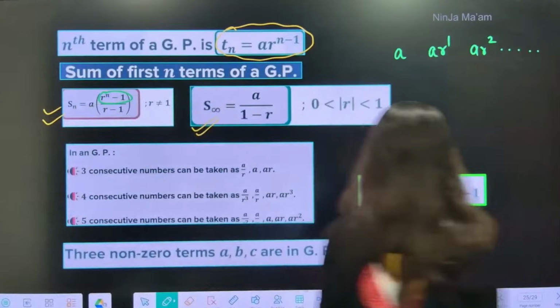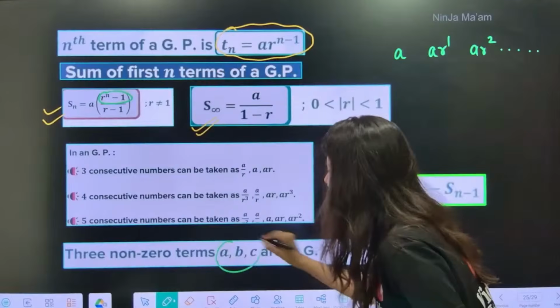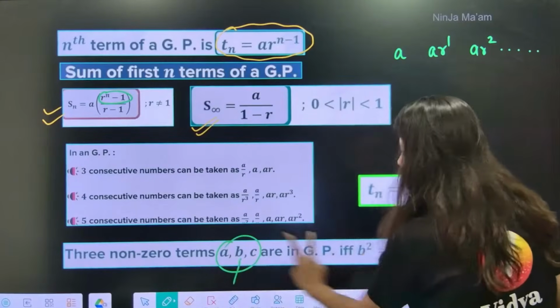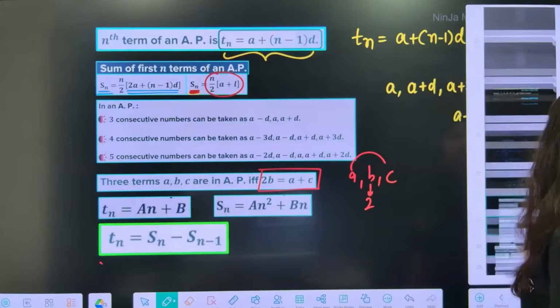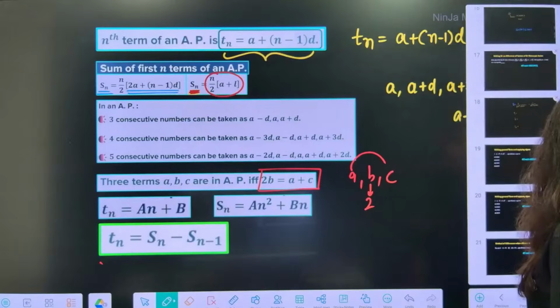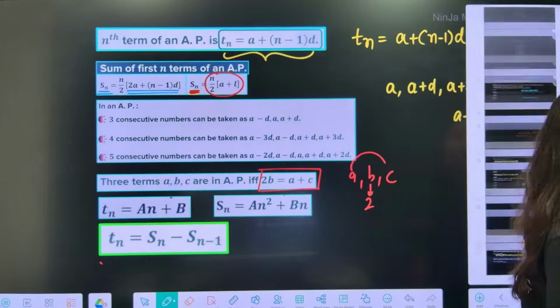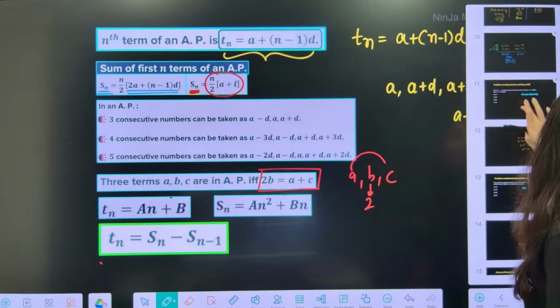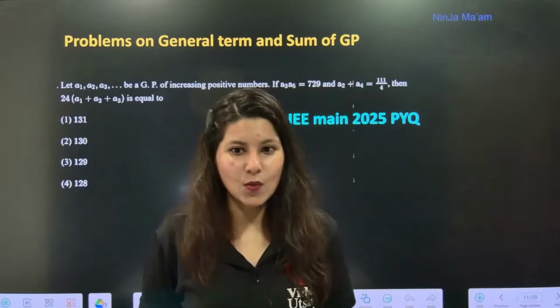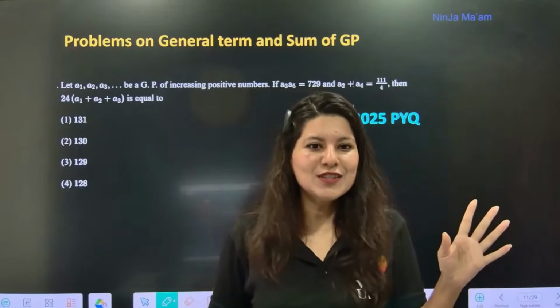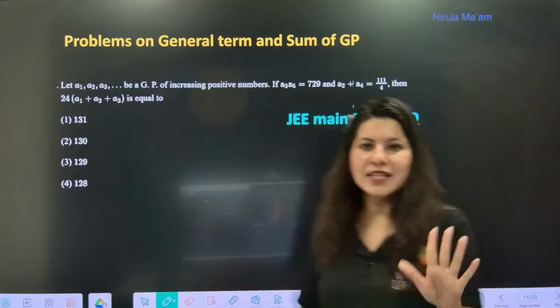And if 3 terms are in GP, the square of middle is equals to product of the extremes. Based on this formula, now let's focus on those type of questions where problem on general term and sum of GP is required. Again, equation solving, my dear students. Again, equation solving, purely equation solving.